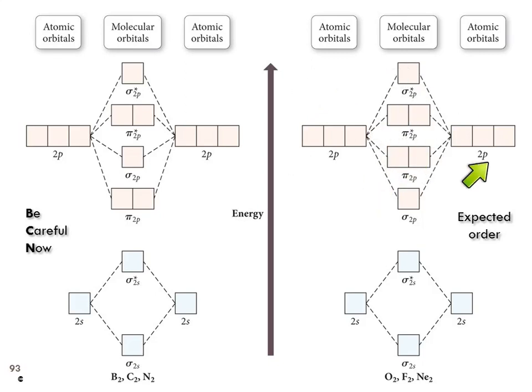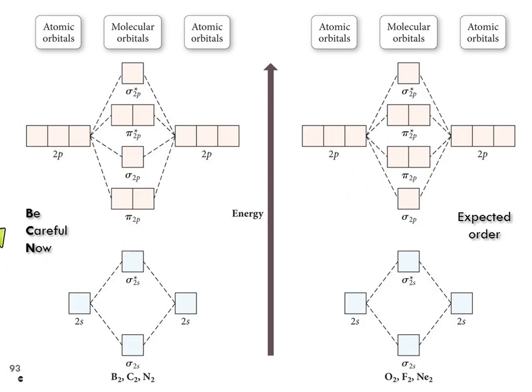Okay, and this is what, at least to me, makes a lot more sense. This is more what I would expect to happen. This is not expected. And so this is offset. These guys are lower, this guy's lower and that guy's higher. The order of these two is switched. So this is what I would like you to learn as an expected order.